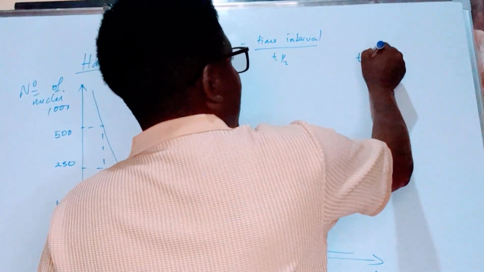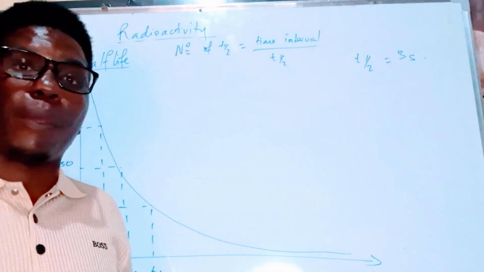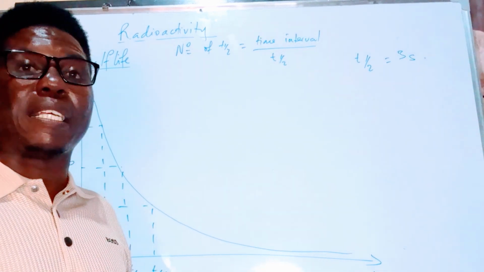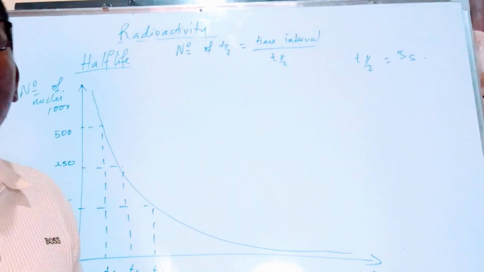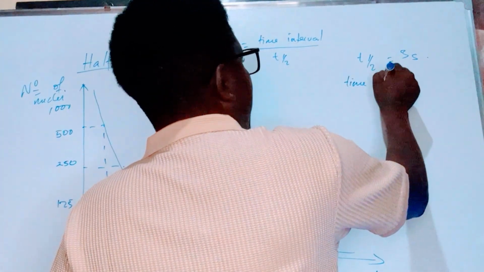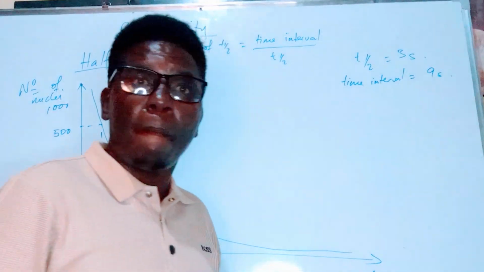So we're saying T half is equal to 3 seconds. And then the question is asking you to find the fraction of the sample that remains undecayed after 9 seconds. So our time interval is going to be 9 seconds.